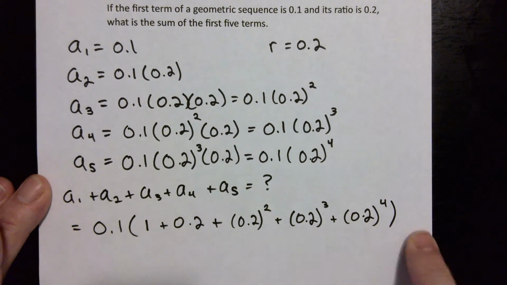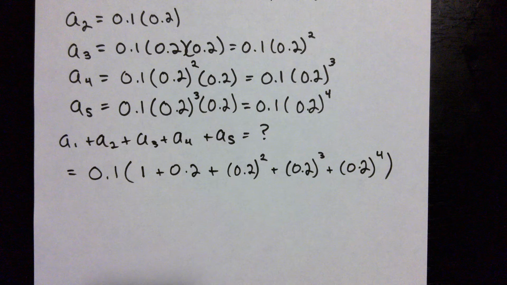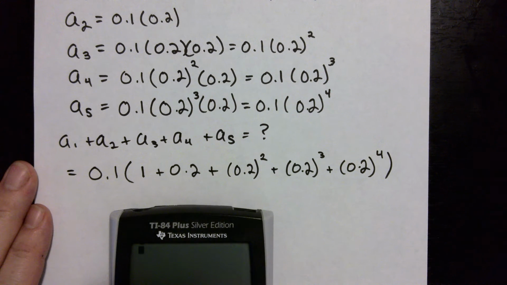Now you can stick that in your calculator, and I'll show you how we do that. So 0.1 parentheses, then 1 plus 0.2 plus parentheses 0.2 squared plus parentheses 0.2 cubed. Whoops, that was supposed to be parentheses first and then cubed.